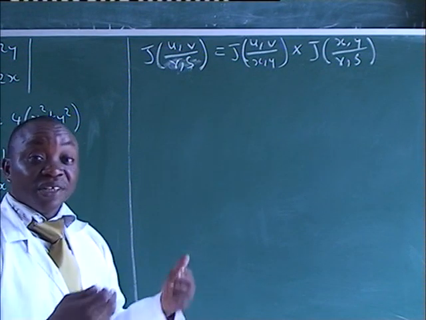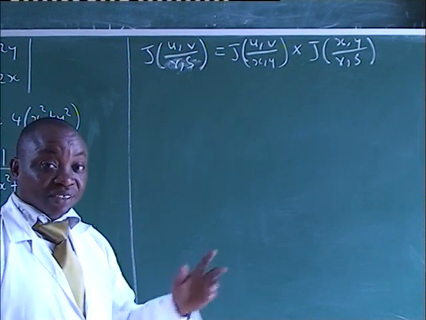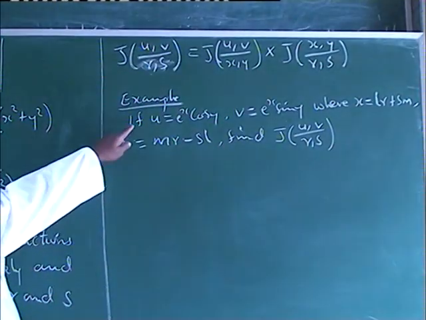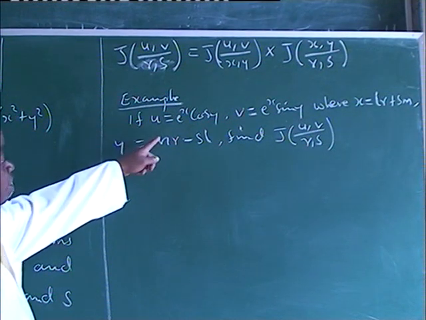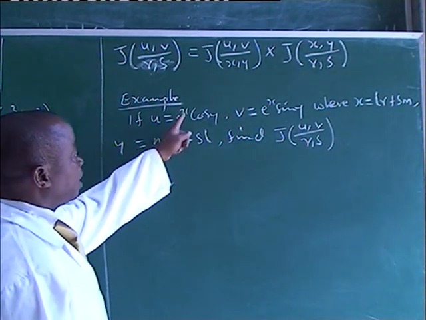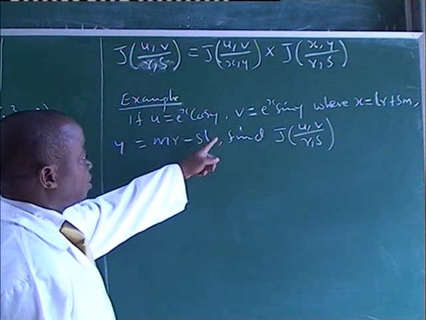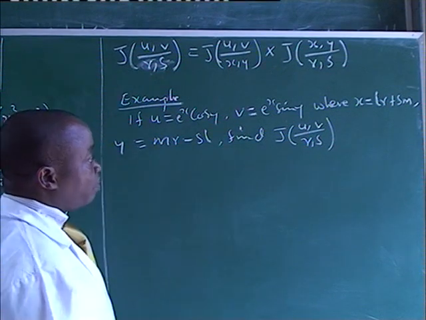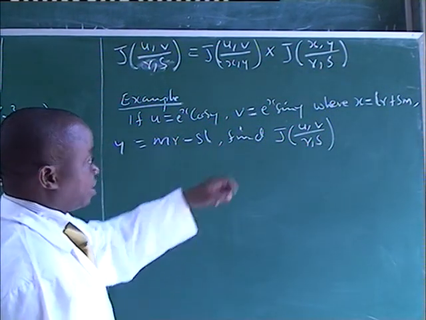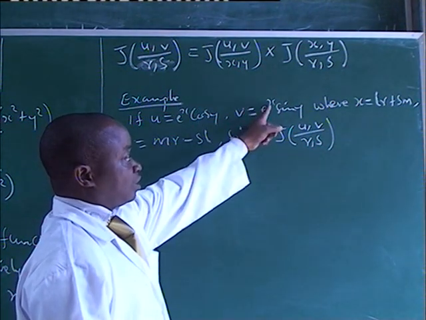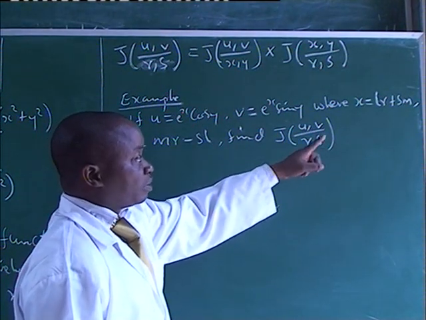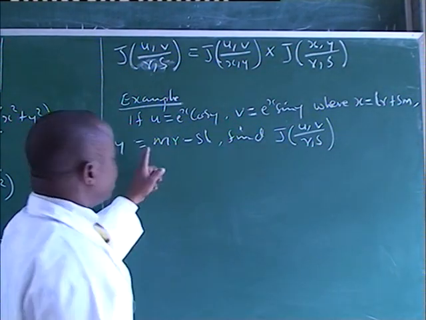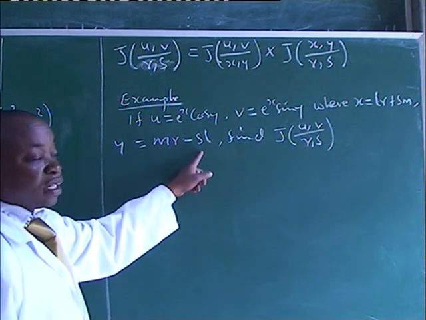So, I think we need examples so that we see how it works. Let's take an example of it. Okay, so let's look at this example. If u is equal to e^x cos y, v is equal to e^x sin y, where x is equal to Lr plus Ms, then y is equal to Mr minus Ls.